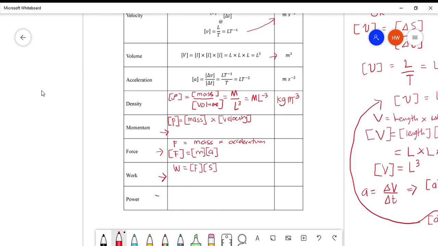And also power. The equation to find power is P equals, and you need to put the square bracket here, work over time. Okay, so solve these 4 questions and submit on Google Classroom later.